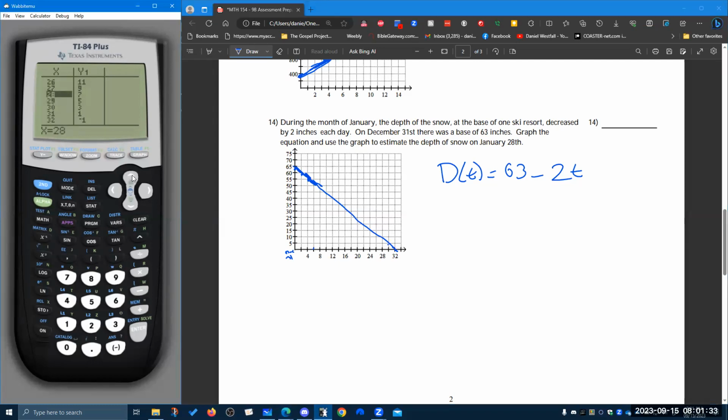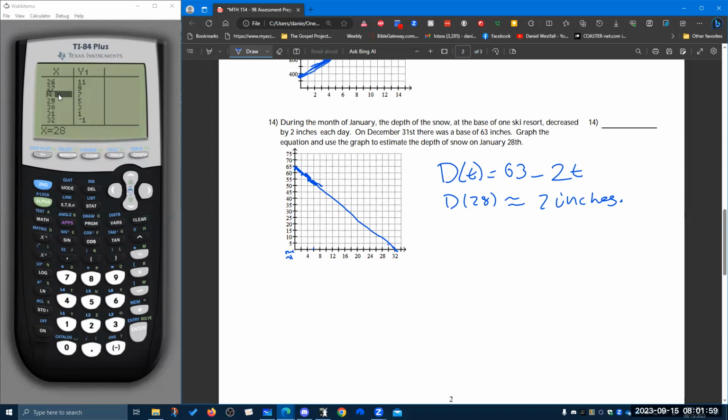So D28 is going to be about 7 inches. January, yeah. And that's just for my model here, that the way that I set it up was that x equals 1 was January 1st. So x equals 28 is January 28th.